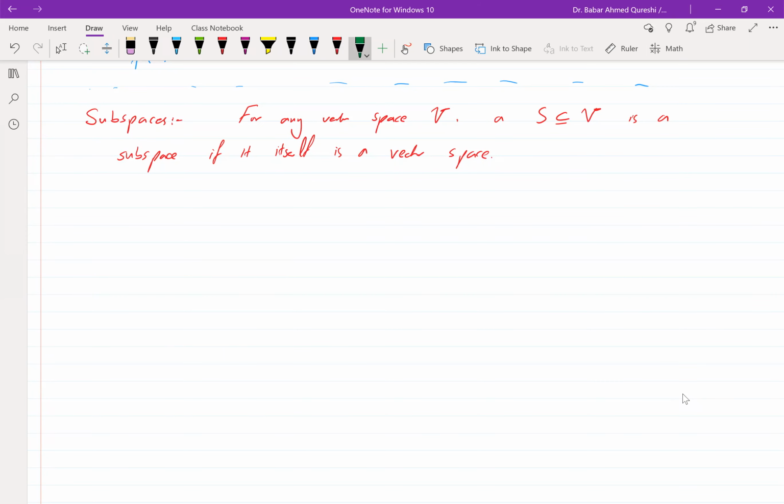So what could be an example? If I consider this three-dimensional space, R3, this forms a vector space because at each point I can consider the vector. Now suppose in this vector space, I say that I'm going to only consider vectors which lie in xy plane.